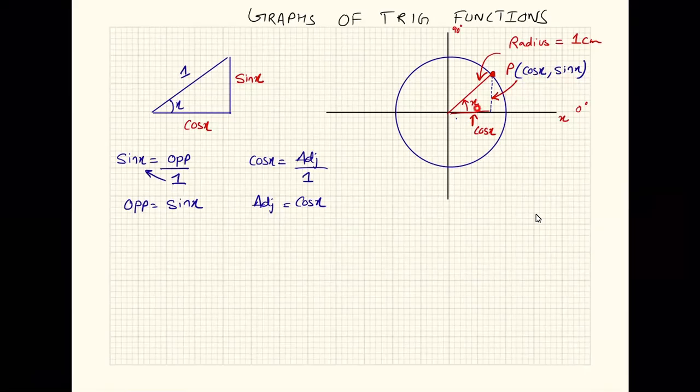Now, if you're going to change the angle, if you're going to change the value of the x, then the x coordinate and the y coordinate are going to keep on changing. So, for example, if x was 30 degree, then cos of 30 degree and sine of 30 degree, these were the coordinates of P. If x was 60 degree, then your point P would have been over here, somewhere on the top.